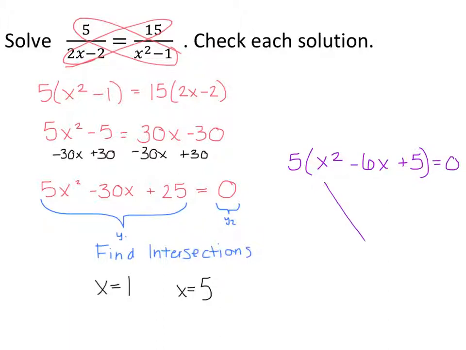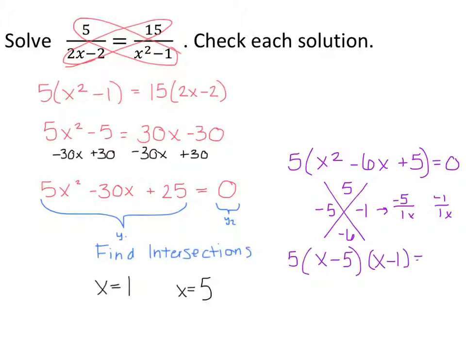And then we would factor the part in parentheses. The numbers that multiply to get 5 and add to get negative 6 are negative 5 and negative 1. So you'd get 5 times x minus 5, x minus 1 equals 0. And you'd solve for x, so this one would give you x equals 5, and this one is x equals 1. So you get the same thing, but you don't have to press any buttons.